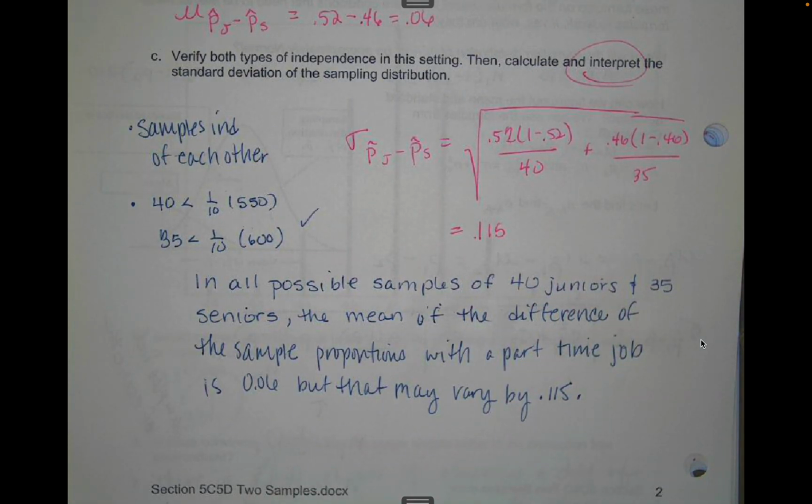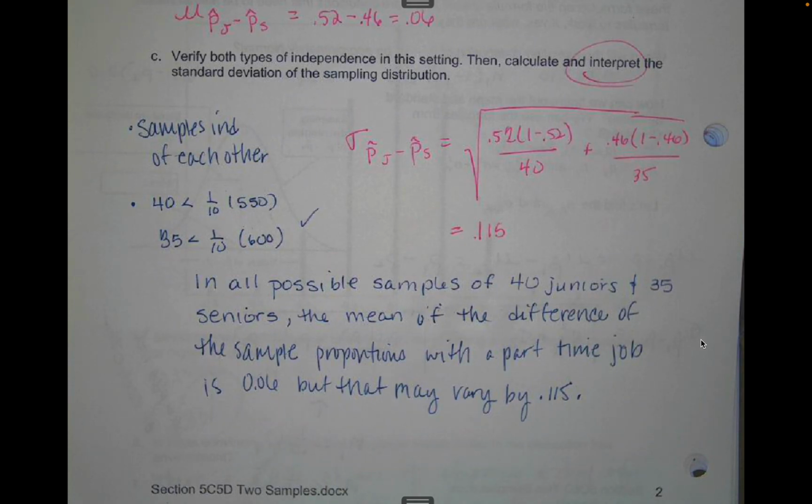Do you have a question? I'm confused by the wording. It says that that may vary by 0.115. That's stating the standard deviation. The phrasing sounds like it's saying the mean varies.